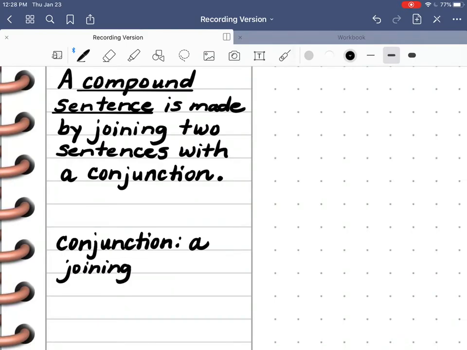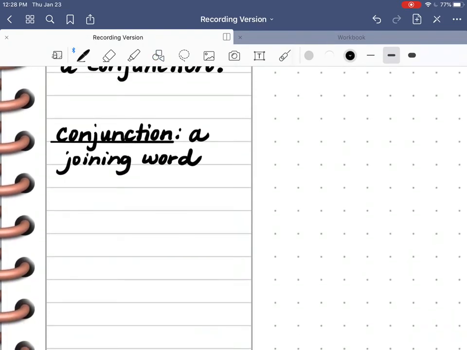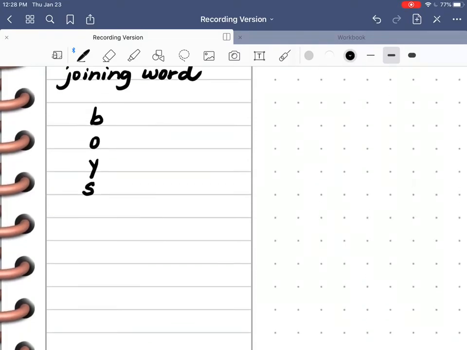A conjunction is another one of those parts of speech. A conjunction is a joining word. And for most tests at our level right now, there are 7 conjunctions that we need to remember. And you can remember those by using the acronym BOYS FAN.